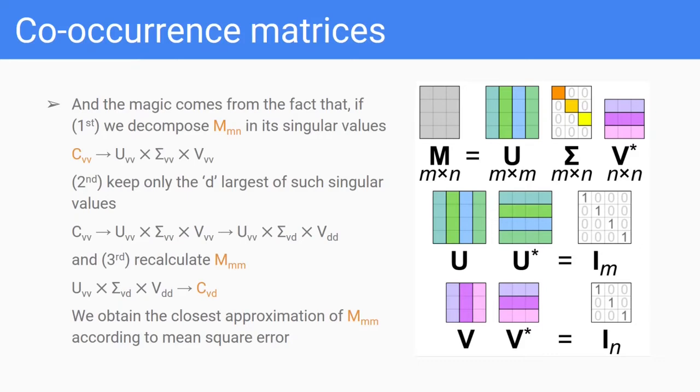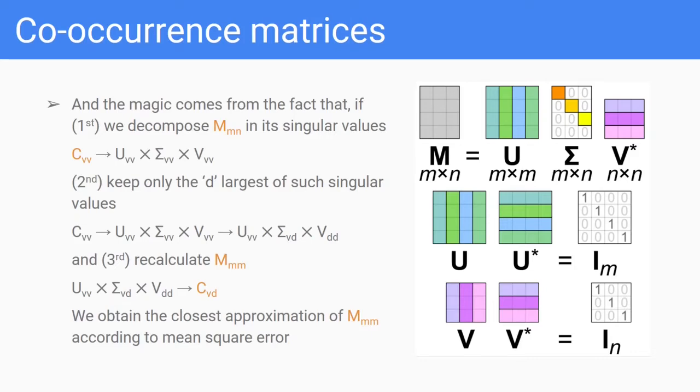Imagine the original M, and the new M is the compressed M. When you calculate the difference between the rows of the old M and the corresponding row of the compressed M, raise it to the power of 2 and sum everything up, then you get the lowest possible value that you can get with any linear transformation.